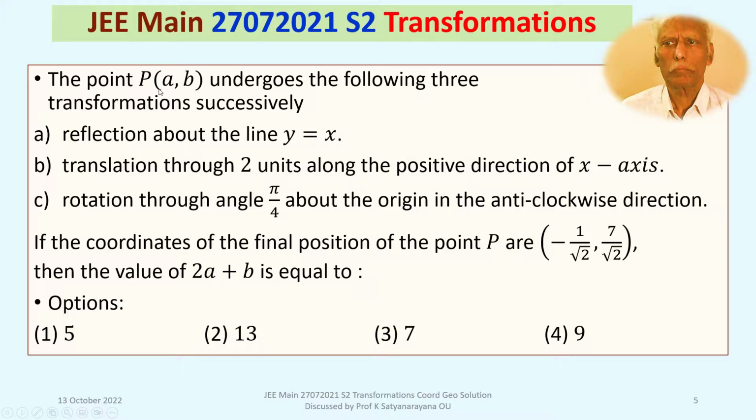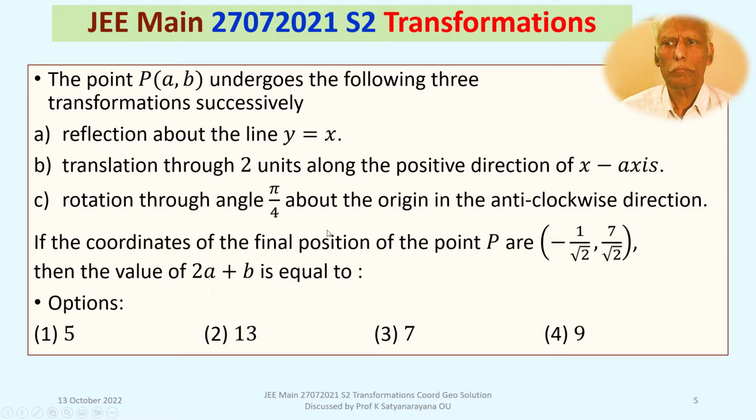So we are given a point P with coordinates (a, b), and this point undergoes three transformations successively. The first one is the reflection of the point (a, b) in the line y = x, and then the translation through two units along the positive direction of x-axis, and then rotation through an angle pi by 4 about the origin in the anti-clockwise direction.